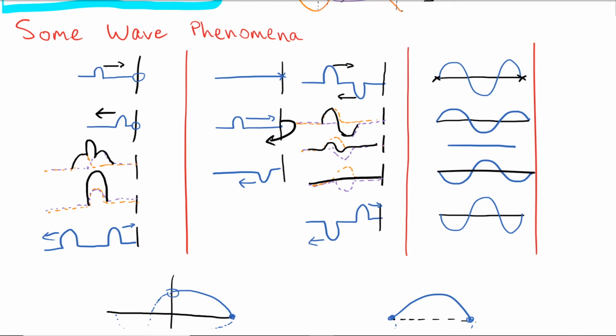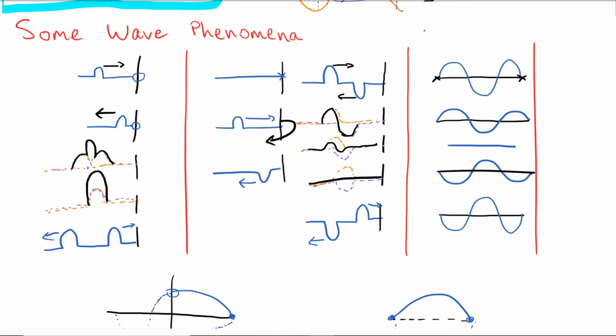Now, what happens if I fix this string at both ends and I give it a bit of a pluck? It could be a guitar string or a harp or a violin or something like that. And by plucking the string, I'm going to send wave pulses in both directions, up and down, left and right.